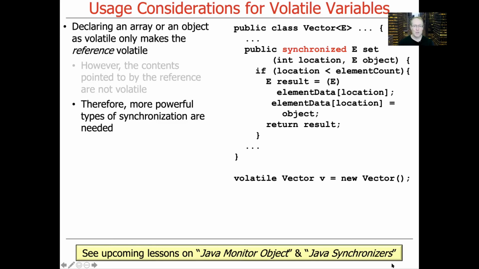For example, if you take a look at the set method on the vector that comes out of Java, you can see it's defined as a synchronized method. What that means is only one thread of control can be calling the set method on a given instance of vector at the same time. So it's a fancy way of saying that set is now mutually exclusive.